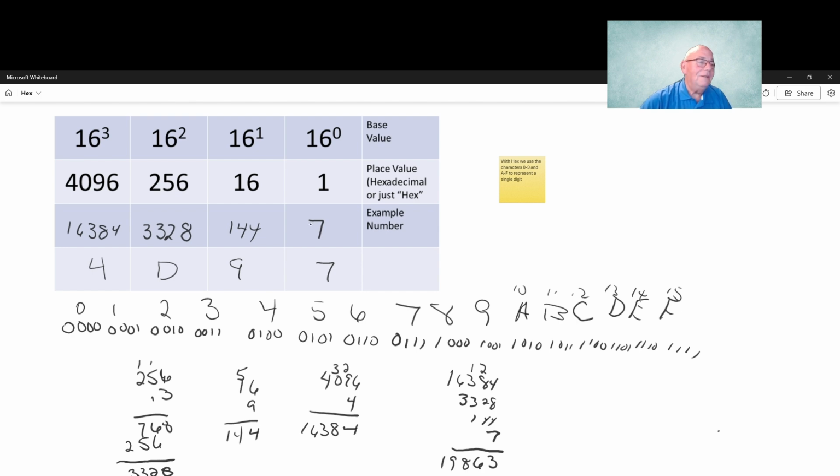And so our answer should be 19863 is 4D97. So it's pretty good to be able to express that large number in only 4 digits, right?